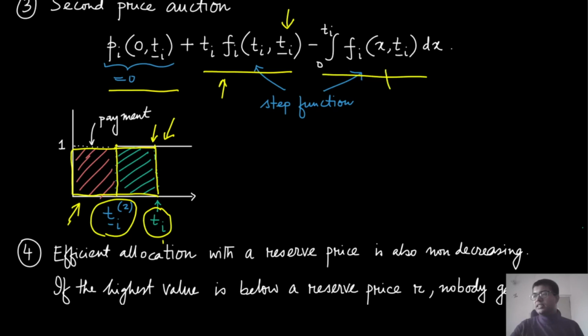That is the second part. So if you take the difference of the whole rectangle minus this green region, what you are left with is this part, the red region, which is the payment part. Because the height of this is 1, it is nothing but the second highest bid. So the payment itself is the second highest bid, which is the second price auction. So Myerson's mechanism gives you the Vickrey auction as a special case.